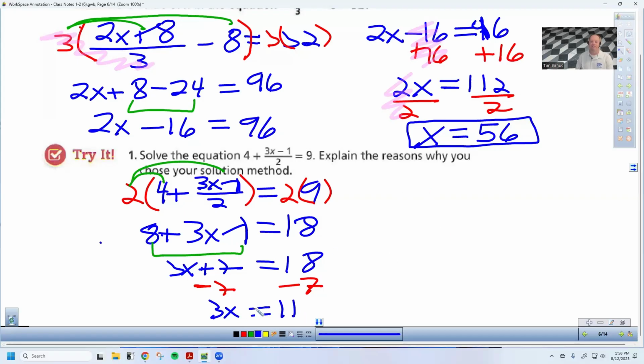And finally, I need to divide both sides by 3. I'll come up here and do that. 3x equals 11. Divide both sides by 3 to undo the multiplication, and we'll be done. x is equal to the fraction 11 over 3.